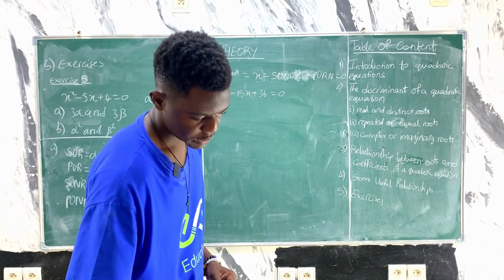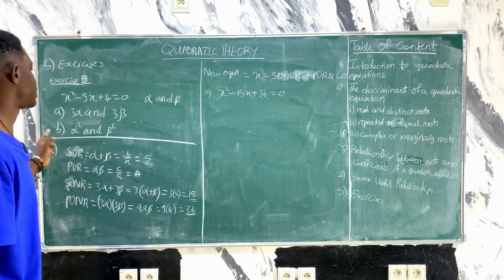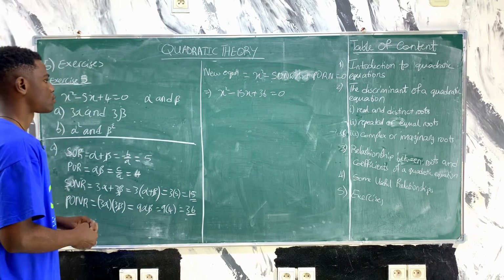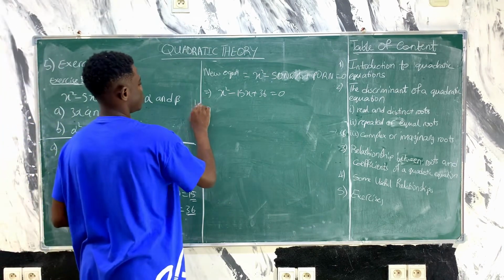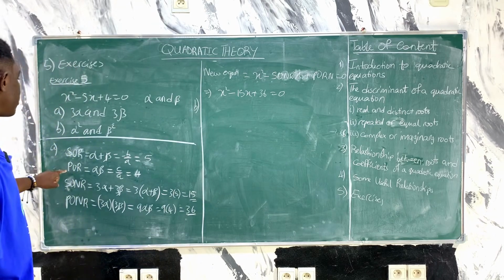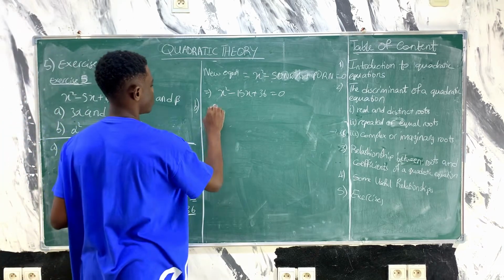Let's do the B part. The B part says the new roots are alpha squared and beta squared. So let's solve B on that. We already have the sum and the product of the roots as 5 and 4. So let's do the sum of new roots.